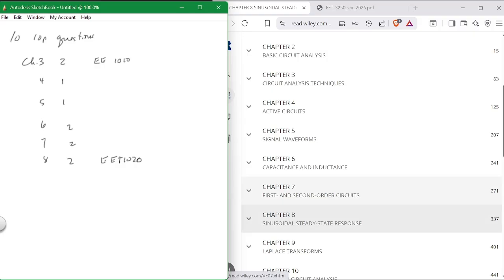So, we hit chapter 6. Okay, this chapter 7 is kind of the bridge between 1010 and 1020.